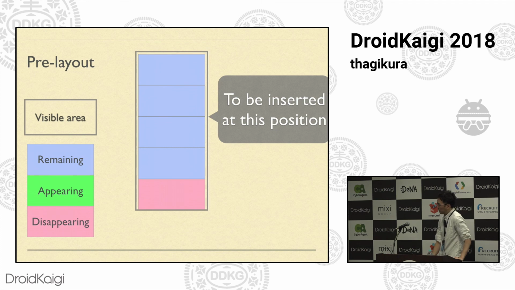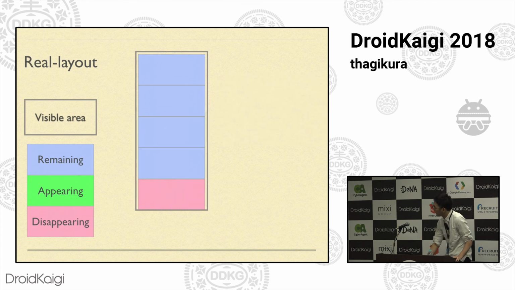So the view marked as red does not need to be drawn in the real layout, but in the pre-layout phase, you are going to lay out the views, including the red one. Then in the real layout phase, the views are sliding like this. Then the new view comes here as a green one.